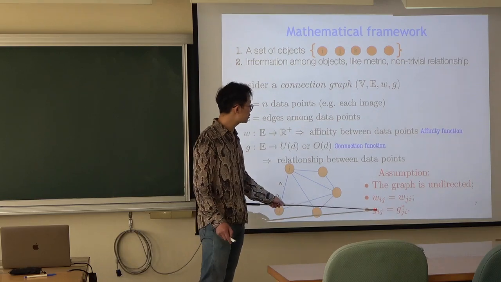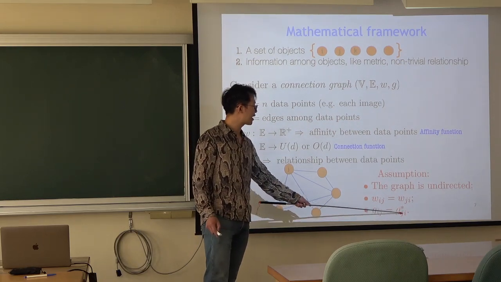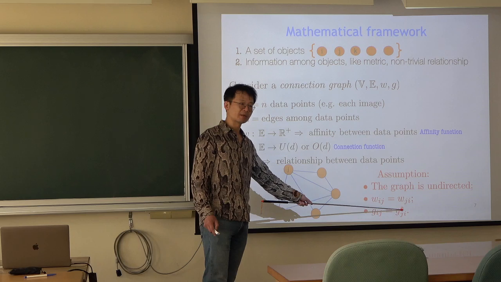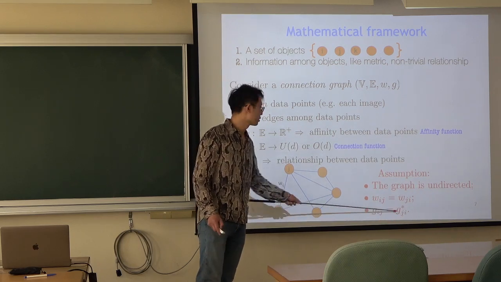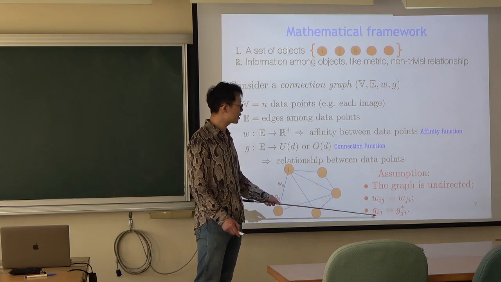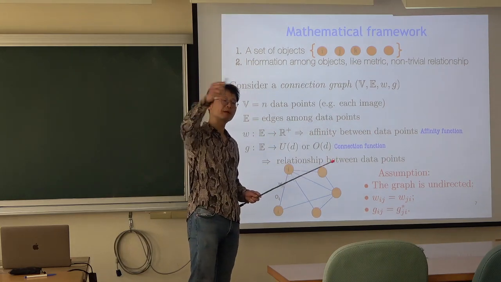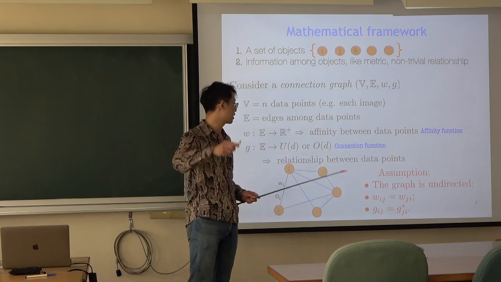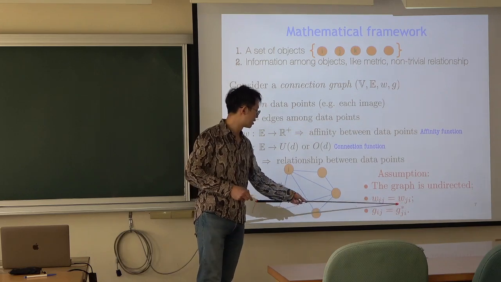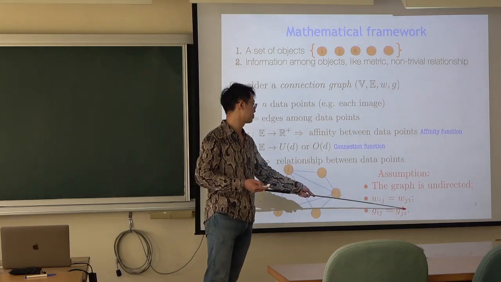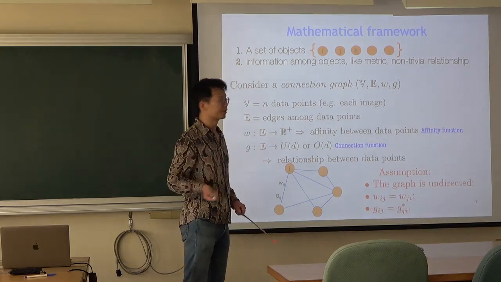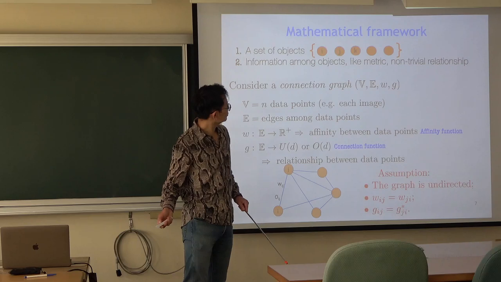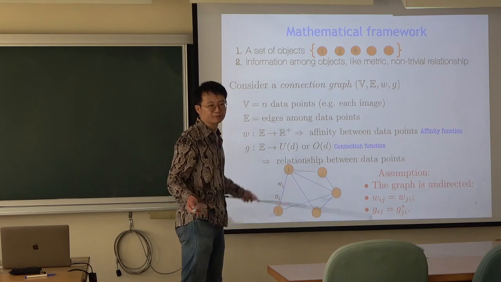And also, Gij is equal to Gji star. That is, there is a conjugate relationship. If you have a Gij from I to J, then J back to I will be the inverse, which is just the transpose conjugation, the complex conjugation of the matrix, which is the inverse in our setting. So that will be the mathematical framework.